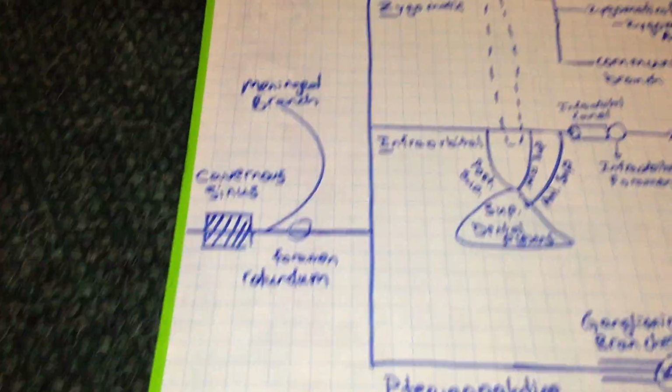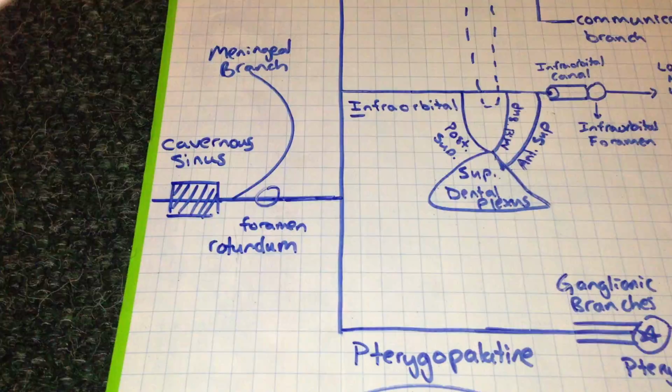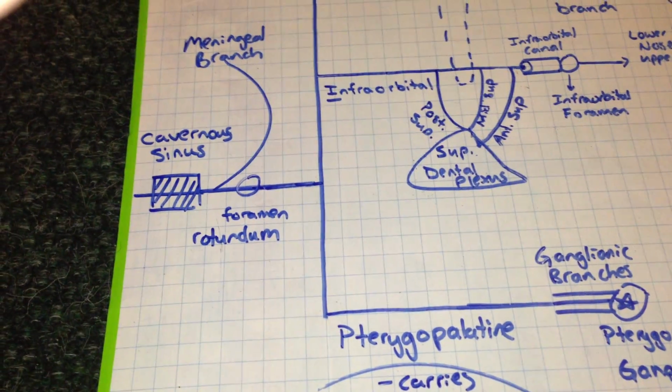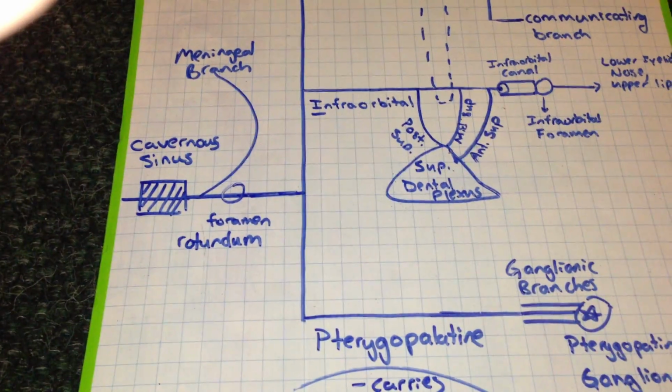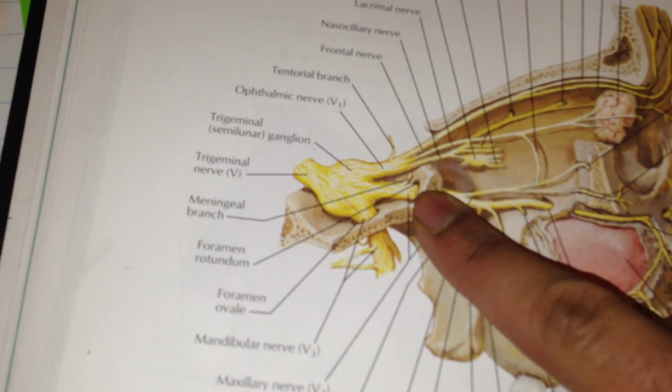Now, real quick, I just want to show you guys how it's going to look. Let me just get to the right page. Okay, right here. You see the trigeminal ganglion, okay, and you have the foramen rotundum.